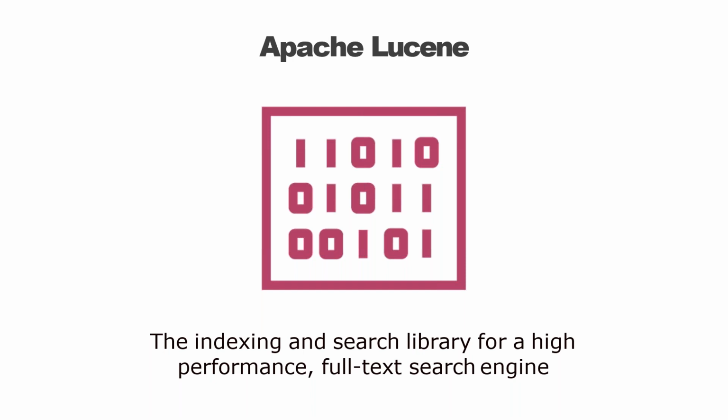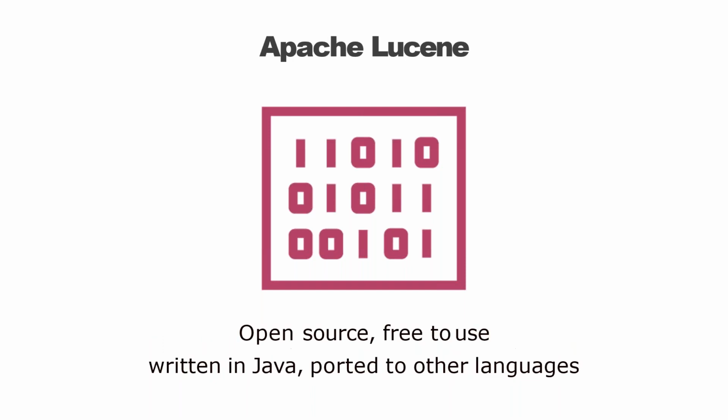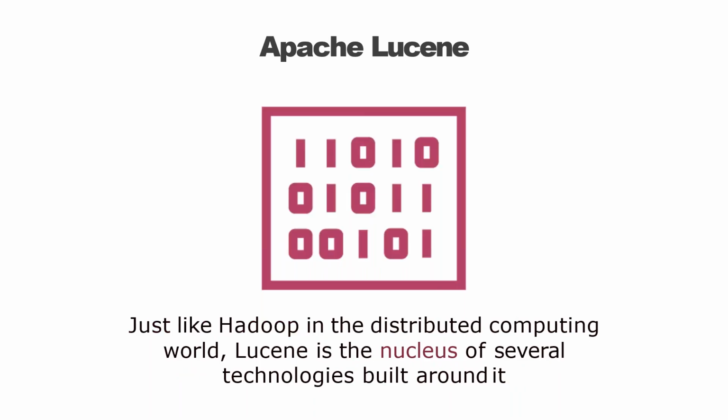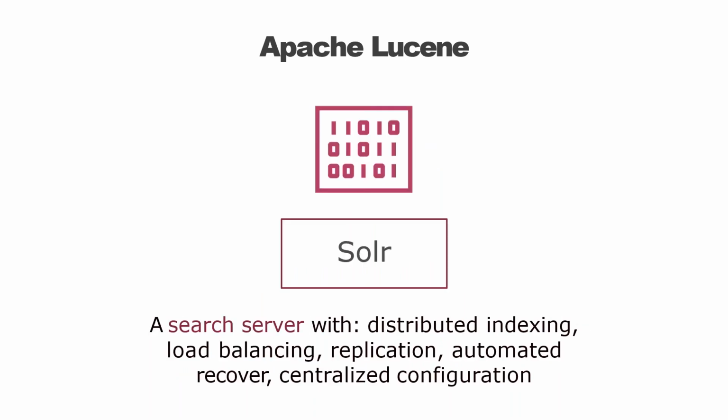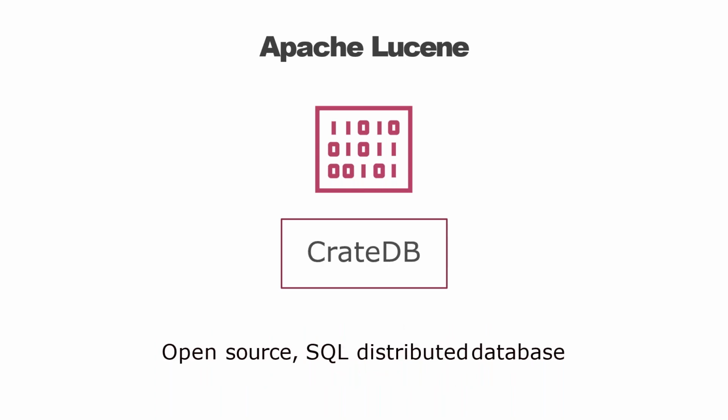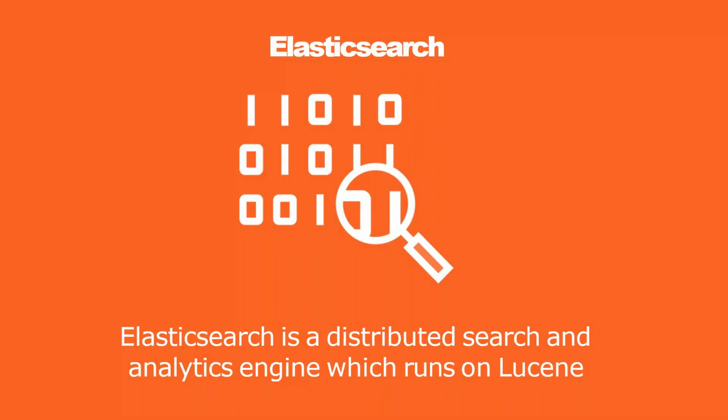Then you will ask, Rajesh, why am I talking about Apache Lucene? I'm talking about it because many other products got developed using Apache Lucene. They copied the source code and extended the features of Apache Lucene, like Solr, like Nutch, like CrateDB, and Elasticsearch.